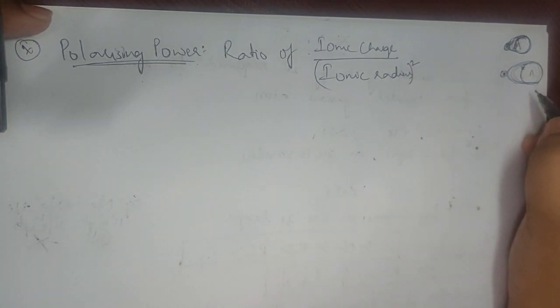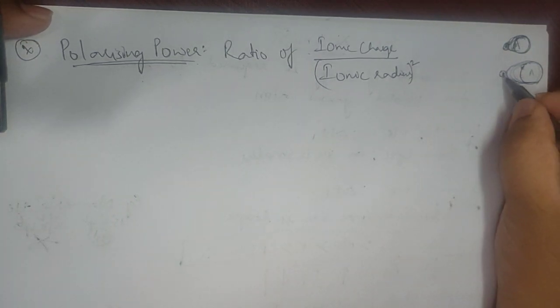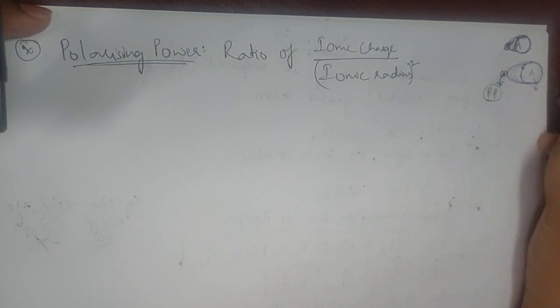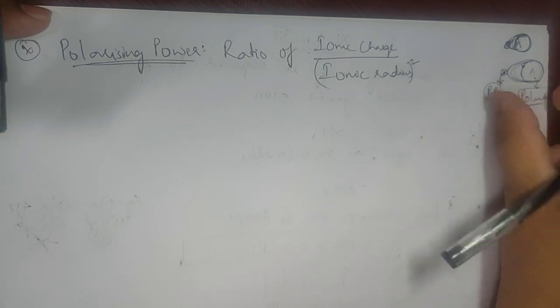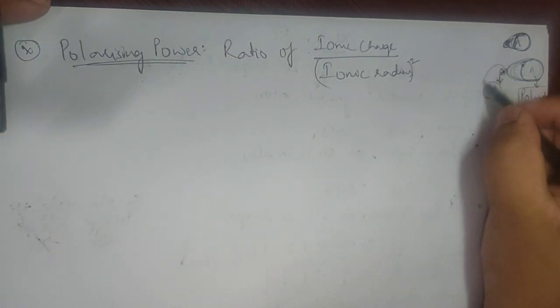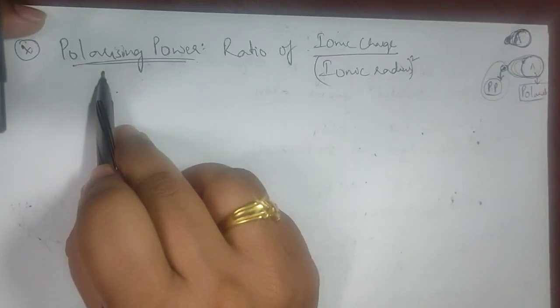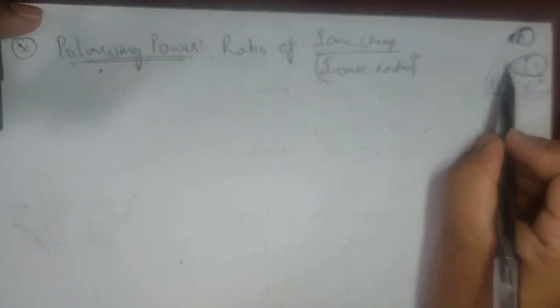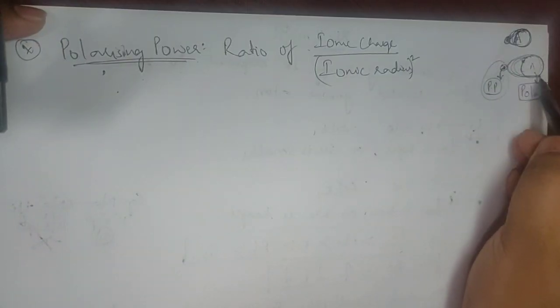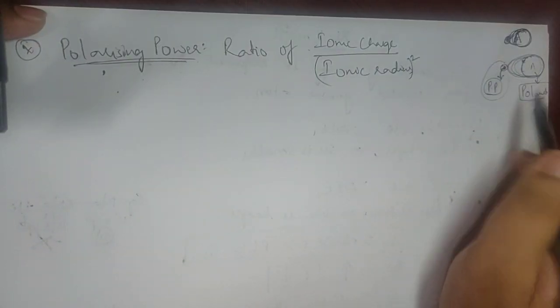Now what we are trying to identify is: for this cation we use a term called polarizing power, and for this anion we use a term called polarizability, the ability to get polarized. We are talking about polarizing power right now. Polarizing power is the tendency of the cation to distort the anion. It depends on two factors.